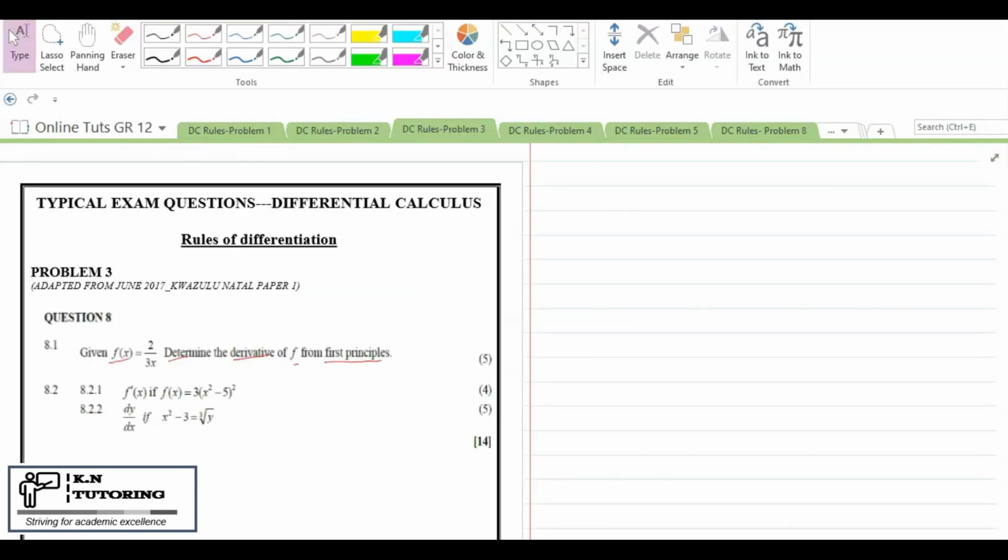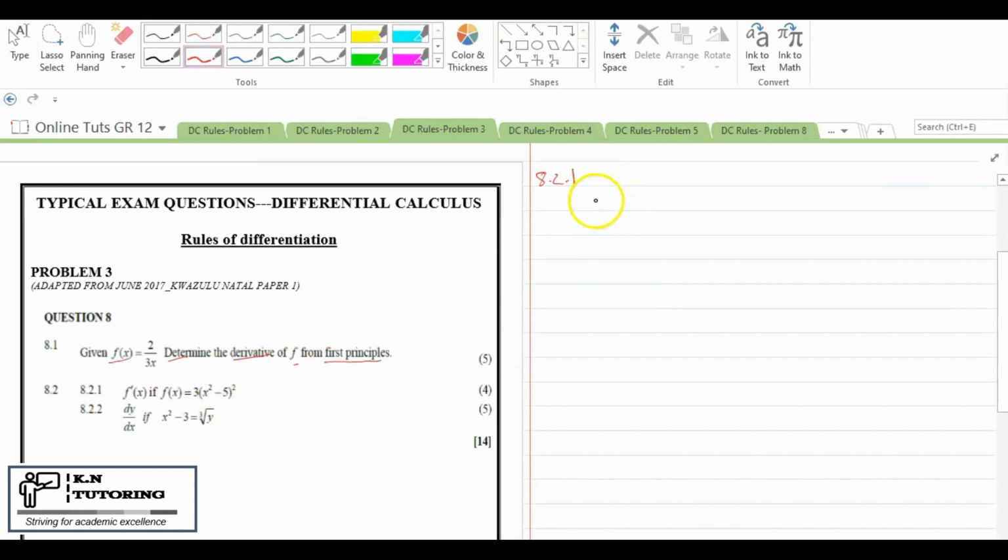That will be the final answer. We will now move to question 8.2.1. It says, determine f prime x if f of x is equal to 3 into x squared minus 5 all together to the exponent of 2.